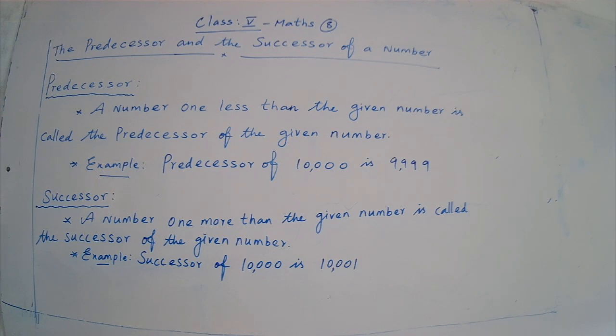Write neatly children and write straight. Your note is unruled note, so do it correctly. Write the heading, the predecessor and the successor of a number. Then after that leave one finger space.